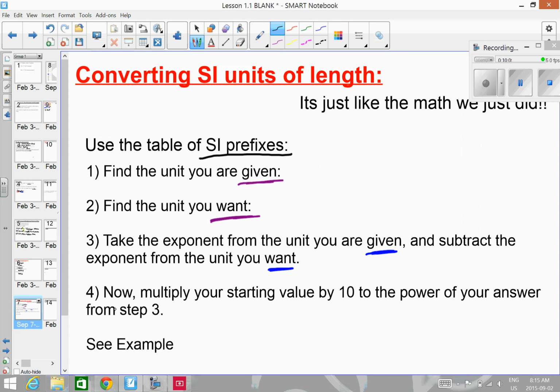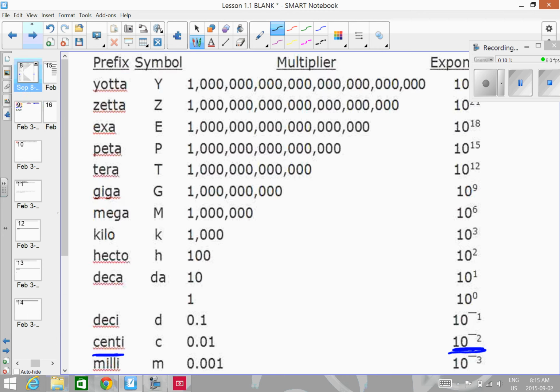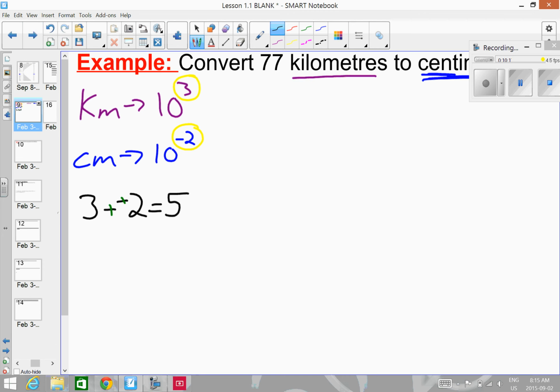And step number 4, multiply your starting value by 10 to the power of whatever step 3 was. So we're going to take our 77, multiply it by 10 to the power of this number. Now it's just like the math we were doing before. So because it's a positive, we're going to move the decimal to make it bigger.